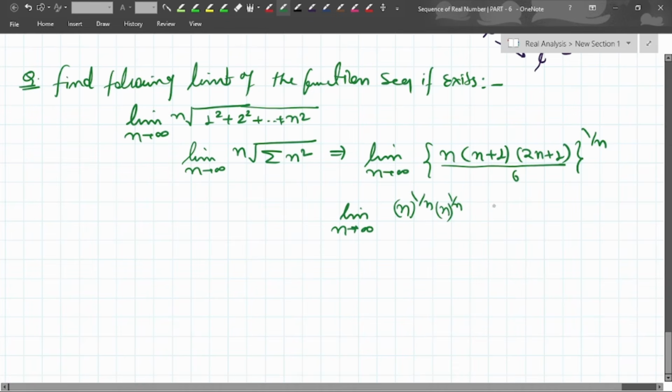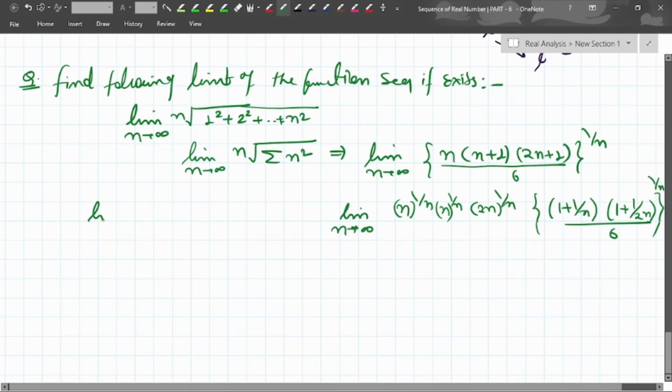And from here if I take 2n, then it will be 2 power 1 by n. Then it is nothing but 1 plus 1 by n, 1 plus 1 by 2n power 1 by n, divided by 6.